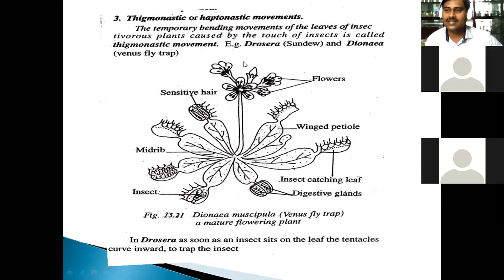Some of these plants are found in the deep forests of South Africa, in some parts of India, in the Himalayan region, and in the western part of Maharashtra we can see the Venus flytrap plant, the Dionaea. It has sensitive hairs on the upper part of the leaf, which catch the insect, and the leaf has digestive glands that digest the insect's food material, and later the residue of the insect is liberated out again.